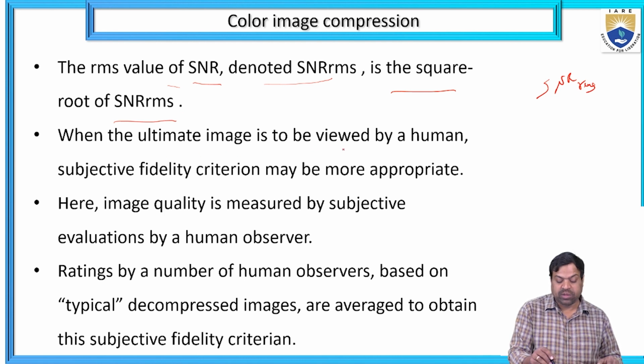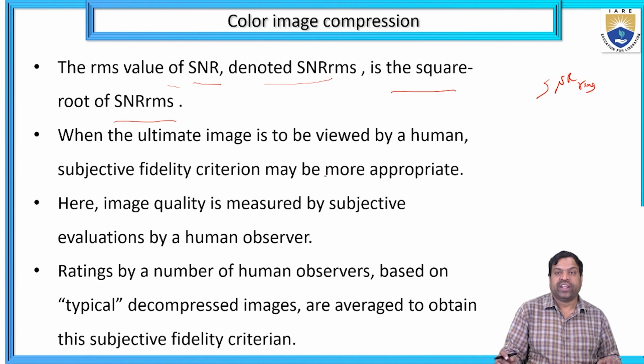When the ultimate image is to be viewed by a human, a subjective fidelity criterion may be more appropriate. Here, image quality is measured by subjective evaluation by a human observer. Ratings by a number of human observers, based on typical decompressed images, are averaged to obtain the subjective fidelity criteria.